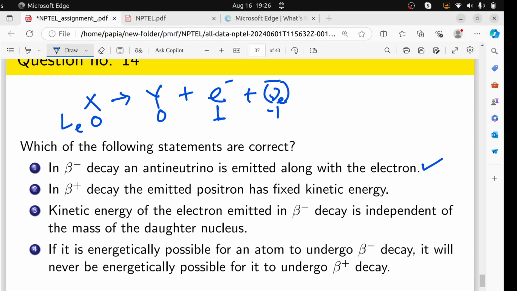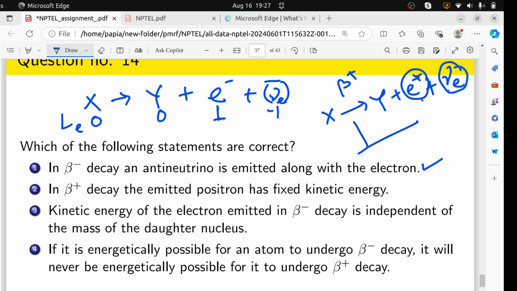In beta plus decay, the emitted positron has fixed kinetic energy. It's not correct. Why? Because in beta plus decay, a positron, E plus, will come out, and with that one neutrino will come out. This neutrino and E plus will share the energy that is left, the difference between X energy and Y energy.